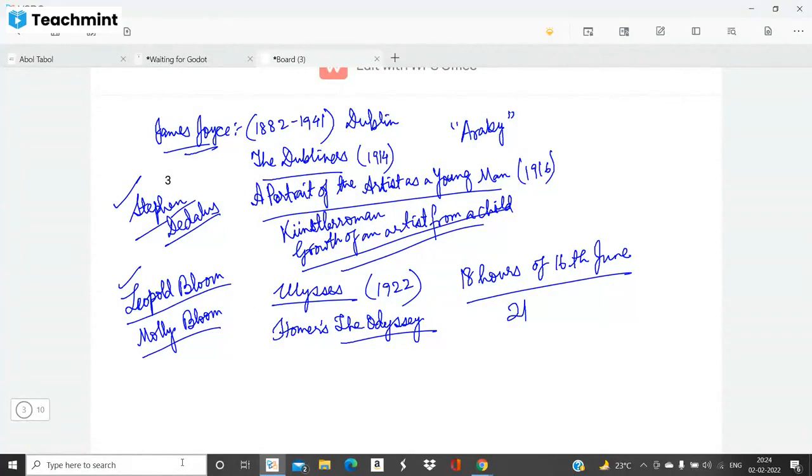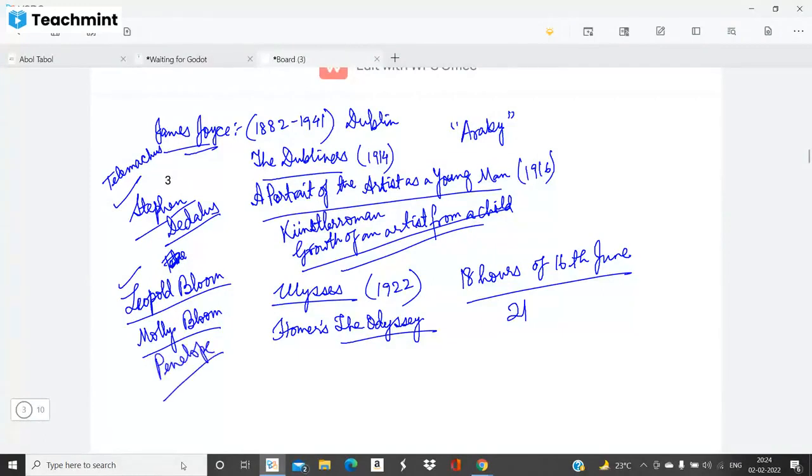Now, Leopold Bloom is Ulysses or Odysseus, and Stephen Dedalus becomes Ulysses' son, Telemachus. And Molly Bloom becomes Penelope, Ulysses' wife.